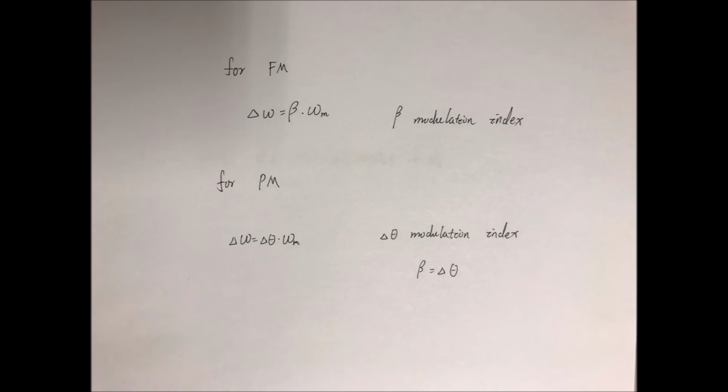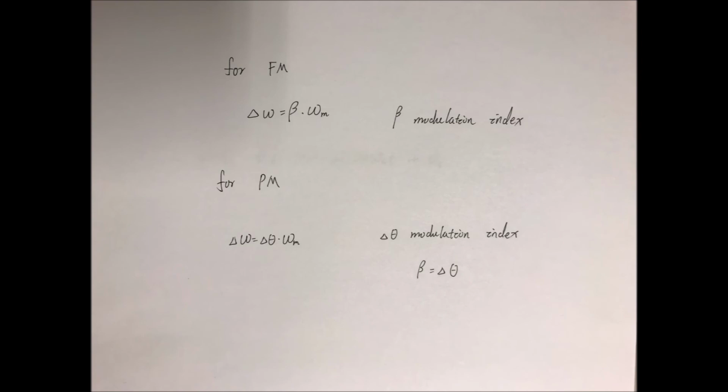So for FM, beta we call the modulation index. It means from the peak compared with your original signal's frequency, what is the ratio? For PM, delta omega is delta theta times omega m.